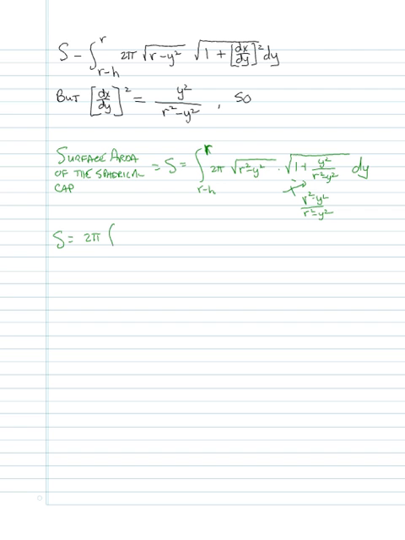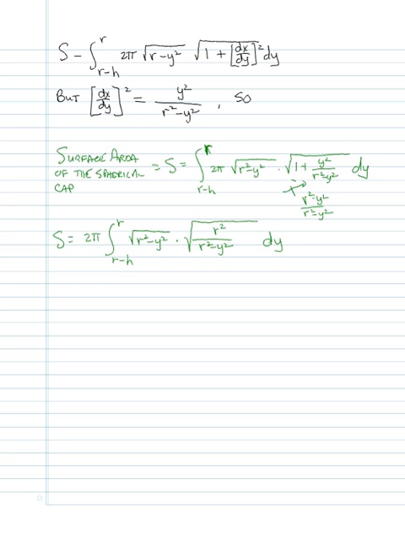We've got 2 pi times the integral from r minus h to r of the square root of r squared minus y squared times the square root of a fraction here. The numerator will be r squared minus y squared plus the y squared of the second fraction, so we end up with r squared only, divided by the common denominator of r squared minus y squared, with respect to y.